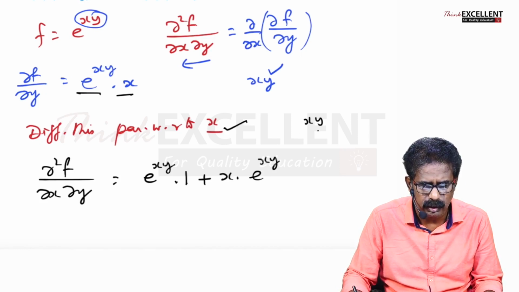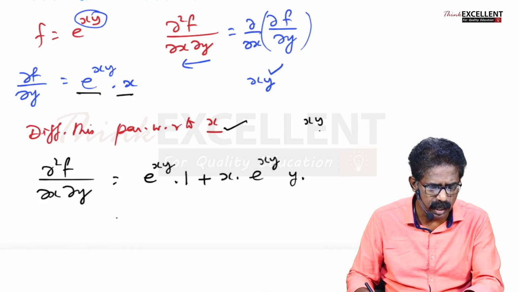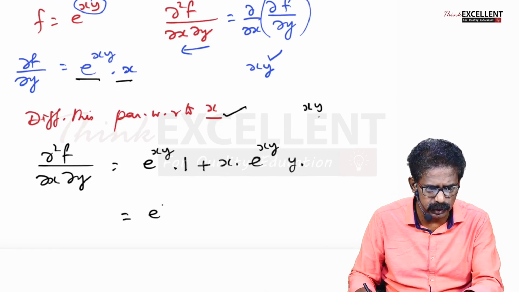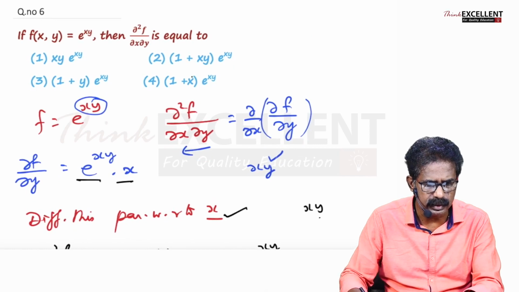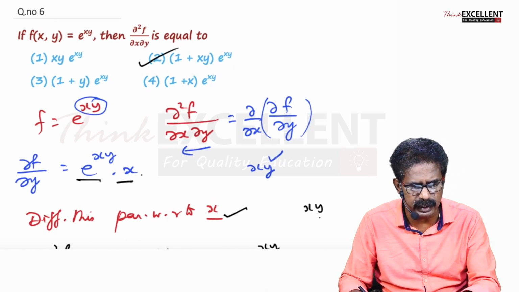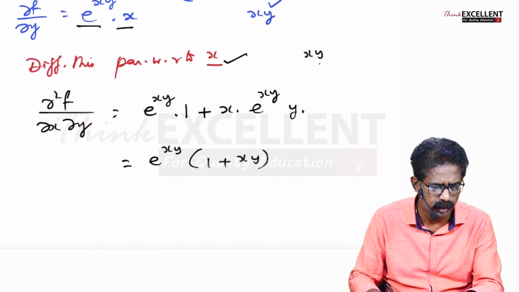So y is a constant, and the derivative of x is 1, right? What is common in both? E raised to xy. What's remaining? 1 plus xy, right? And that is option number 2. 1 plus xy, e raised to xy.